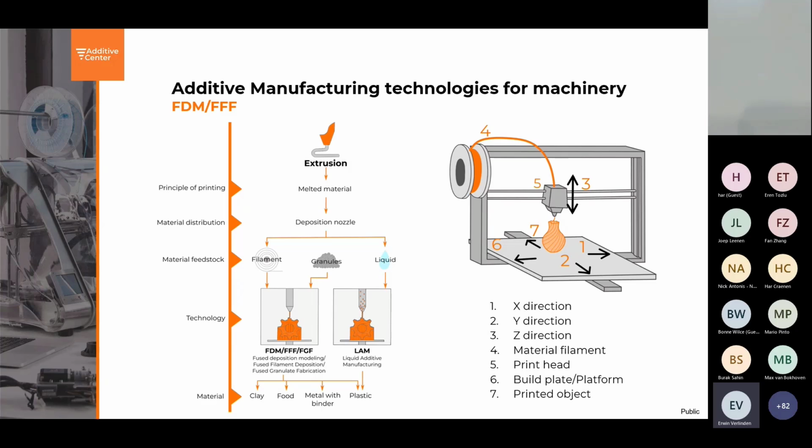Then when it comes to FDM and FFF, there are materials that are composites. A composite is a material that contains a base material like ABS or nylon 6 or PLA, and then it has a matrix in it like carbon fiber or fiberglass, and it makes the part stronger, or it enhances its properties.